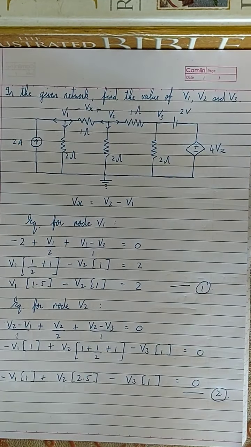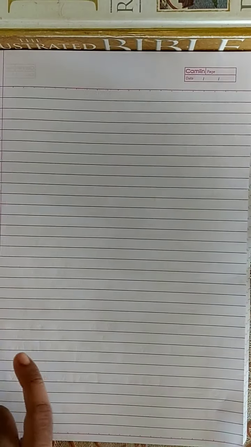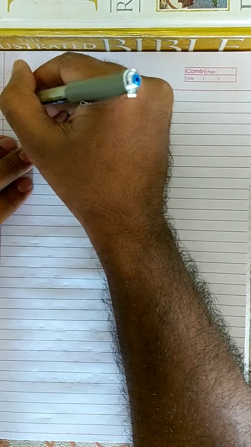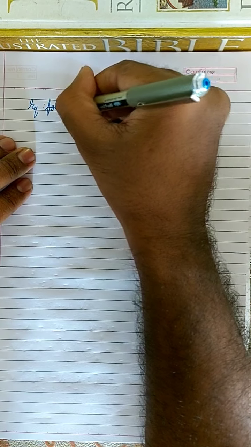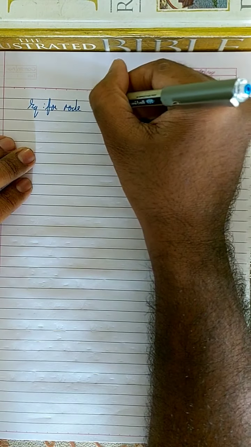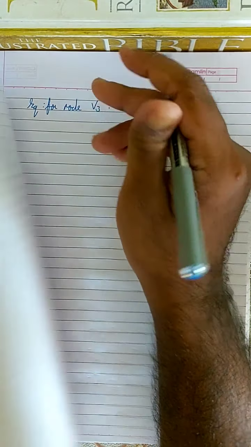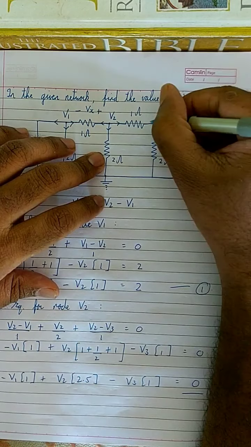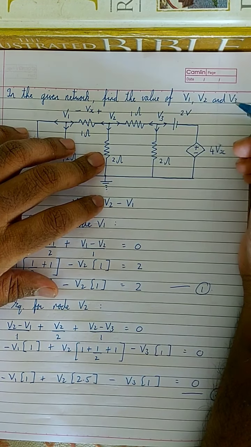Now next will be equation 3. Equation for node V3, right? V3 has how many branches? 1, 2 and 3.